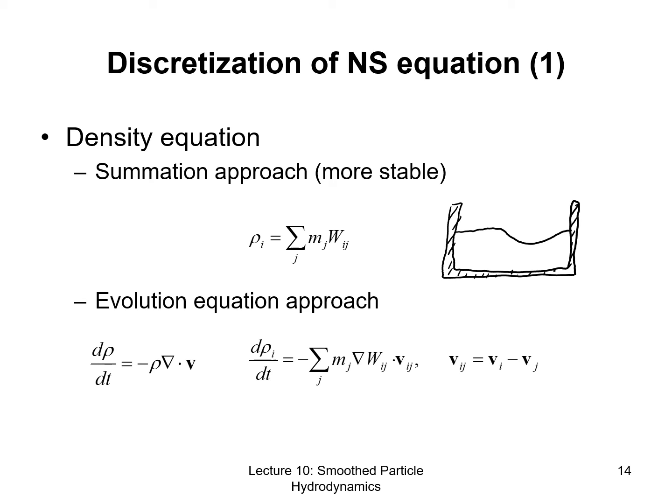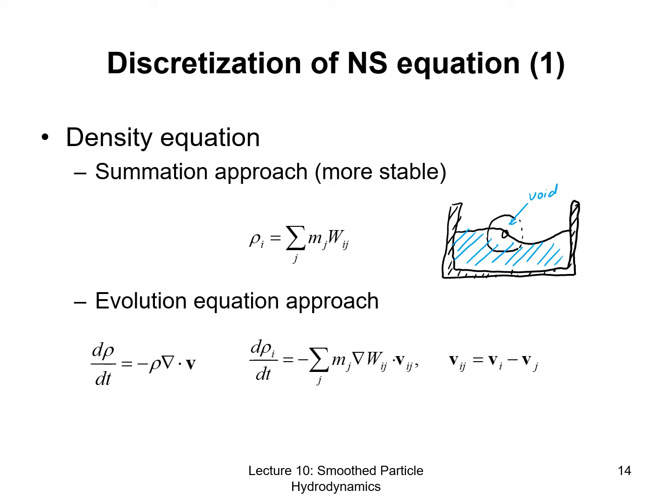In this case, if we use the summation approach, we need to define a cutoff radius. But if you have a fluid near a free surface, then you do a summation, and you find the outside region is void because we don't have air, only liquid.